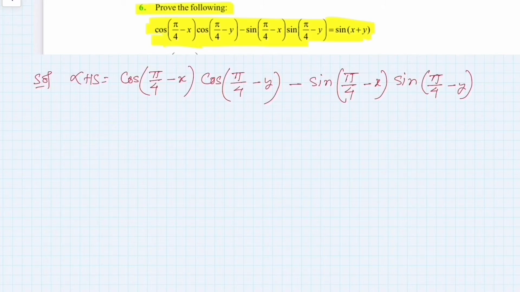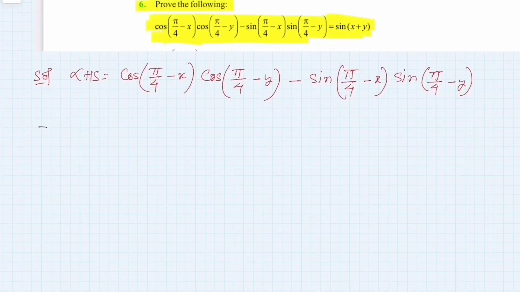Now here we are going to apply two identities. One identity for this part, and another for this part. What are those identities or formulae we are going to apply?